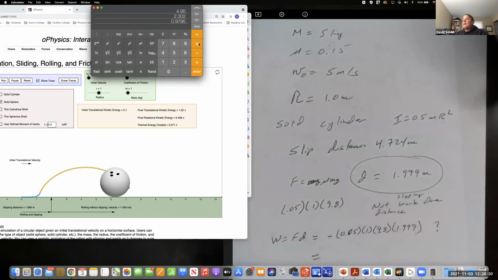In fact, we can use our change in kinetic energy for the work done on the object, because we weren't doing work on that object for that whole distance. This is the distance that the center of mass moved. So we can use our work energy theorem to get the work done.